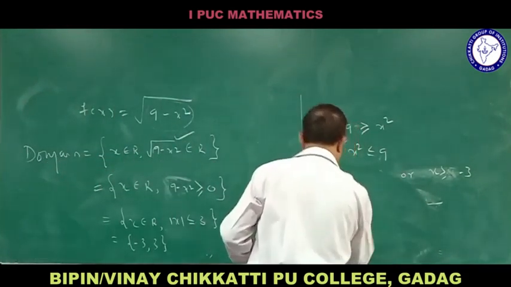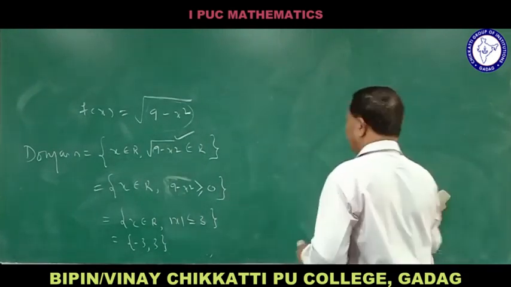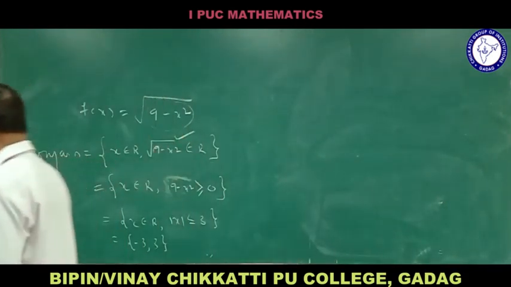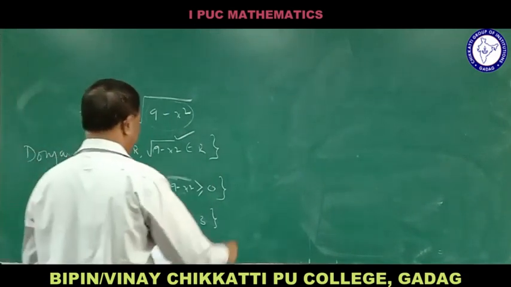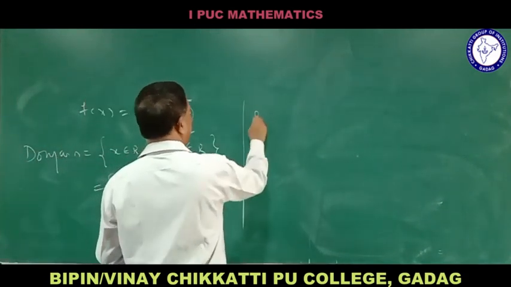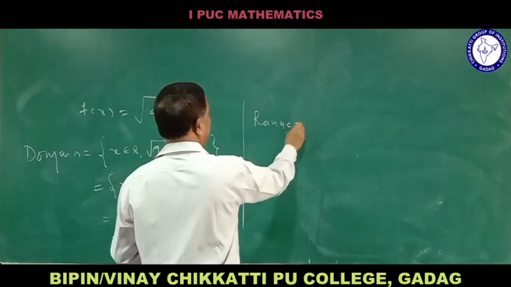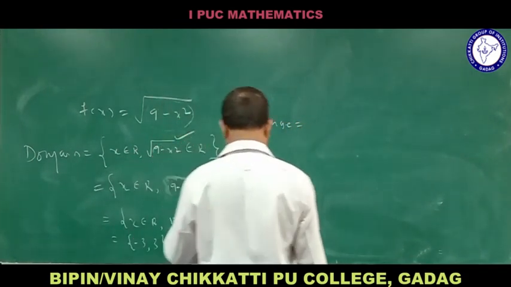And here also I tell you how to find the range of the function. The range means the values of f of x. The range of the function should be defined.